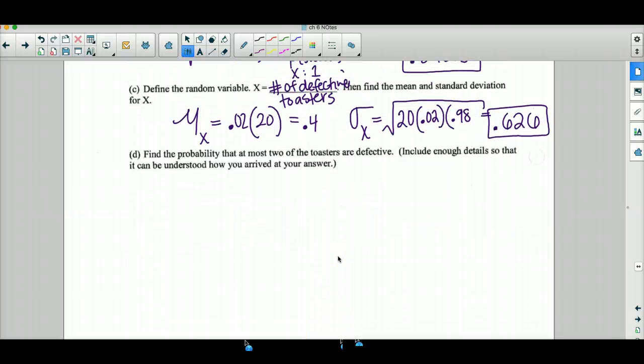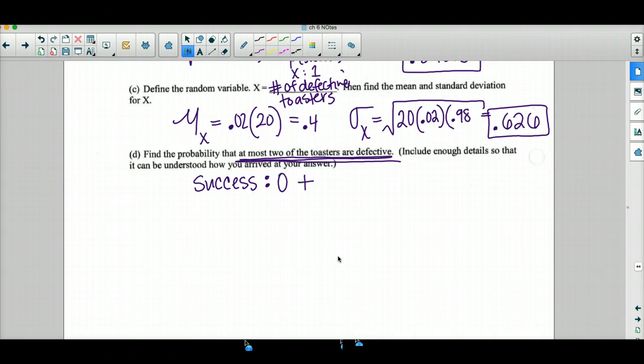Nope, at most would not be a 1 minus. If it was more than, that would be a 1 minus. This is at most. So at most is telling you that it has to be less than or equal to 2. So what would success be? If I found 0, would that be a success?